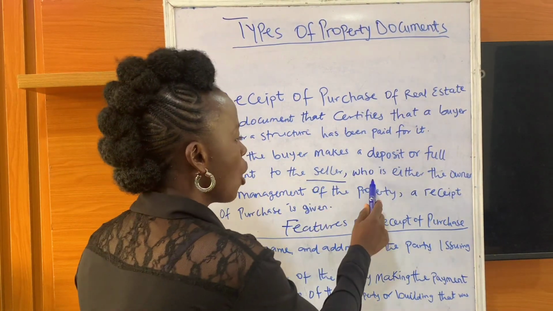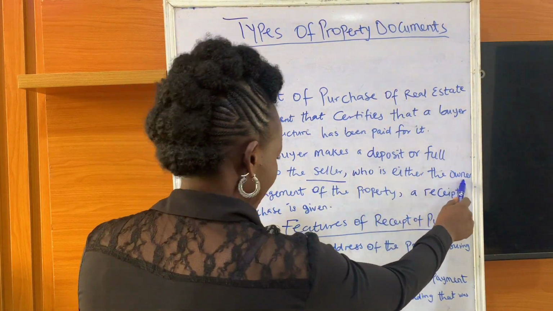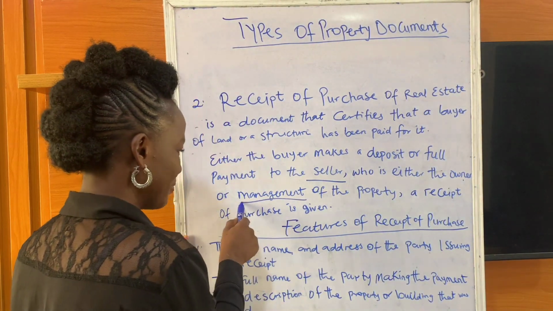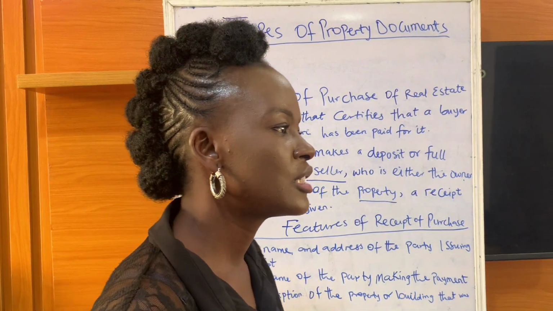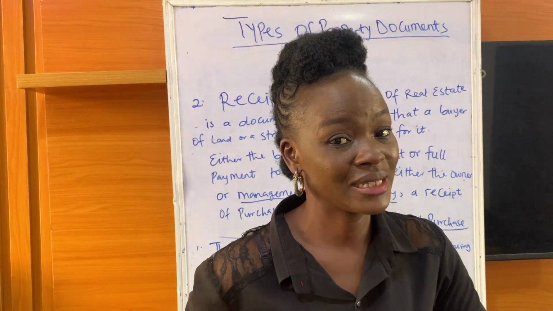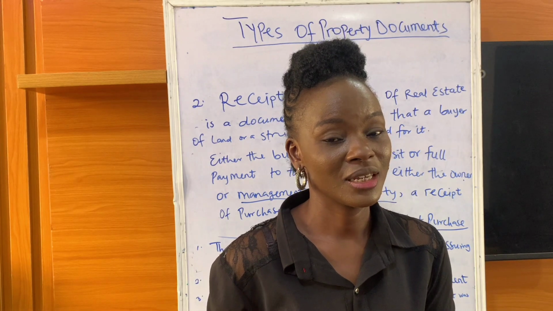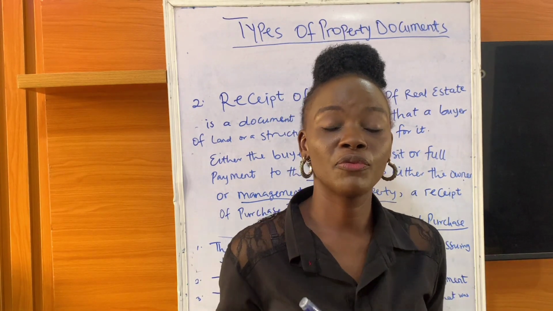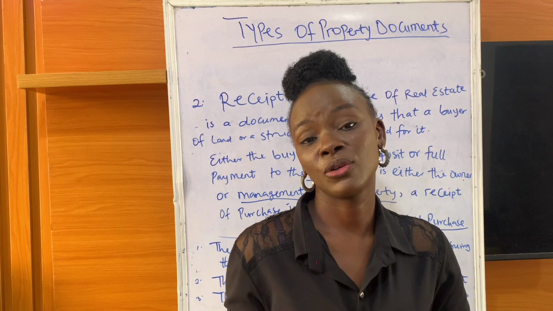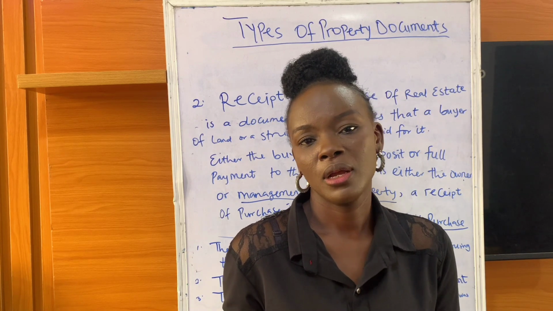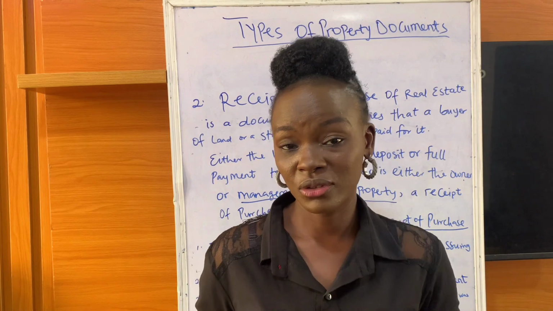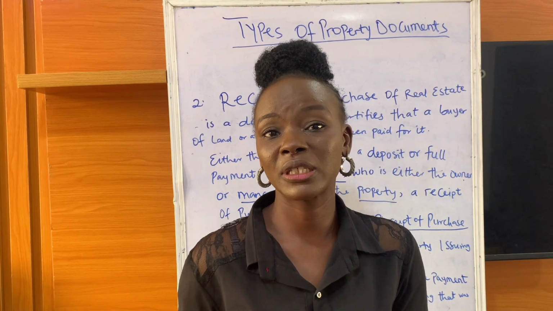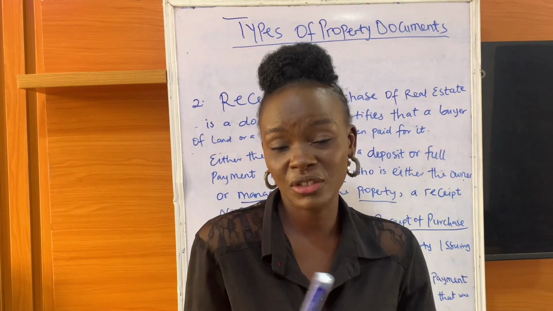I then said who is either the owner or management of the property, which simply shows that it is not only the owner that can sell the property. The owner can decide to give the people who are managing the property the go-ahead to sell for him. So whoever has the right to sell, that is the point we're trying to make, because the person who is selling the property may not necessarily be the owner.